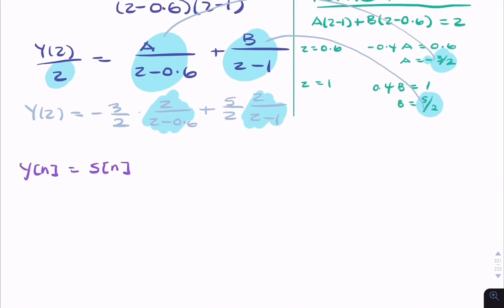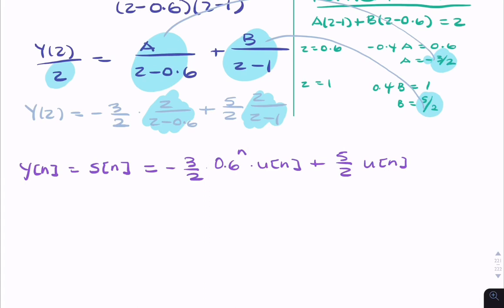So that's minus 3/2 times 0.6 to the power n u(n) plus 5/2 u(n).